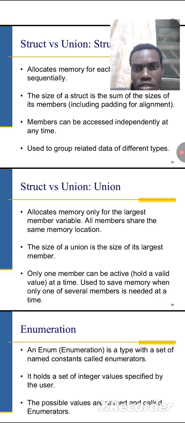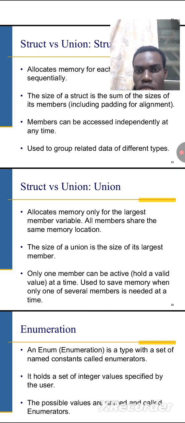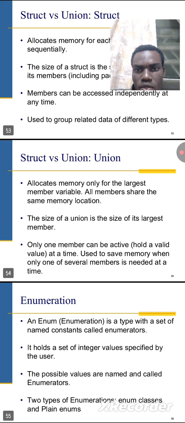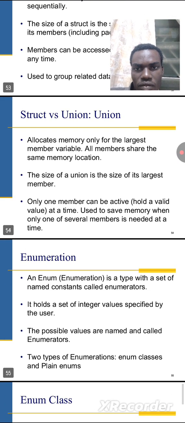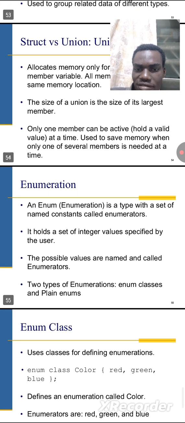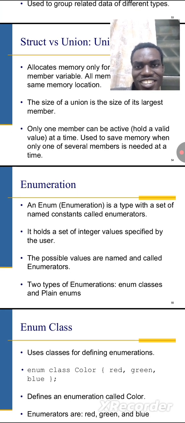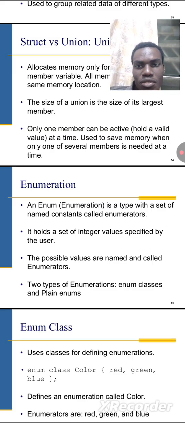And for the union, it allocates memory only for the largest member variable. All members share the same memory location, the size of the union is the size of its largest member. Only one member can be active, which is bad, which I won't use, but it's part of the whole C++ system which you need to know.